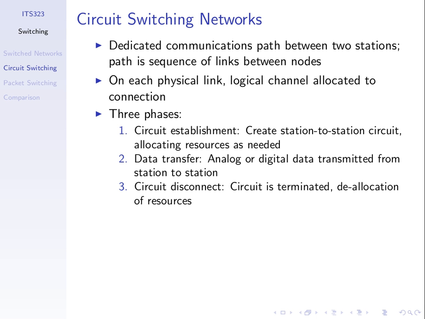Node 4 will receive this connect request, this request to create a connection or circuit to node F, and check if it has enough resources to support that connection. Somehow from this connect request, node 4 can determine how many resources are needed. If it's a phone call, then one telephone line is needed.